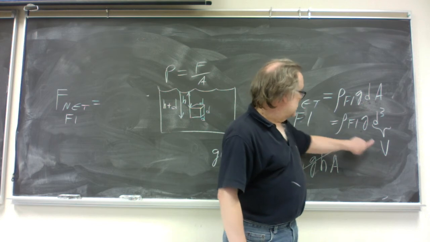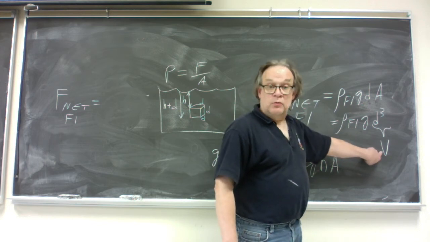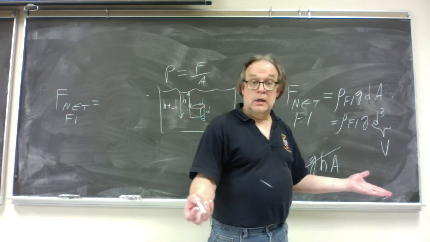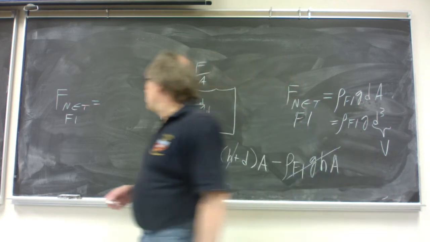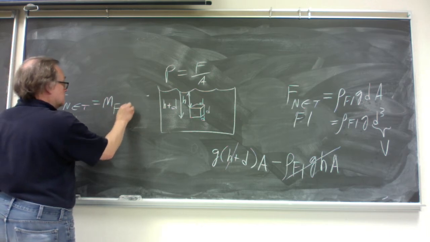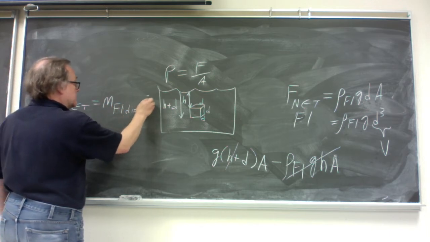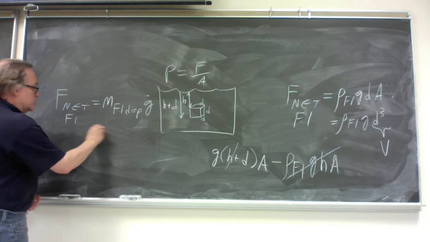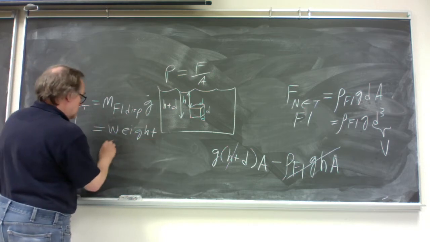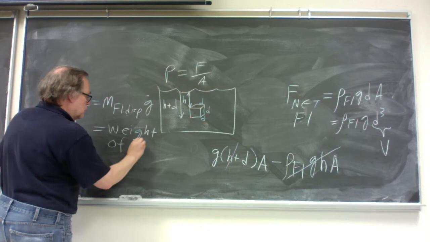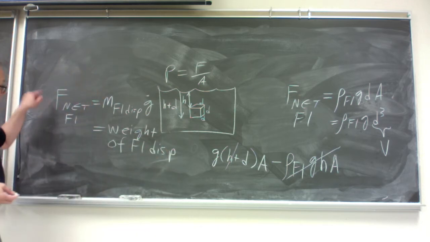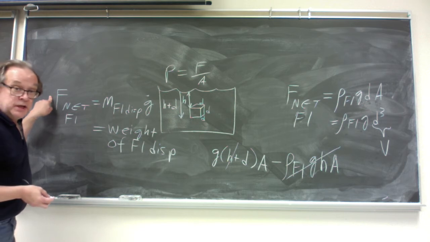So density times the volume of water displaced just gives us the mass of however much fluid was displaced. Times g, that's just the weight of the fluid displaced.